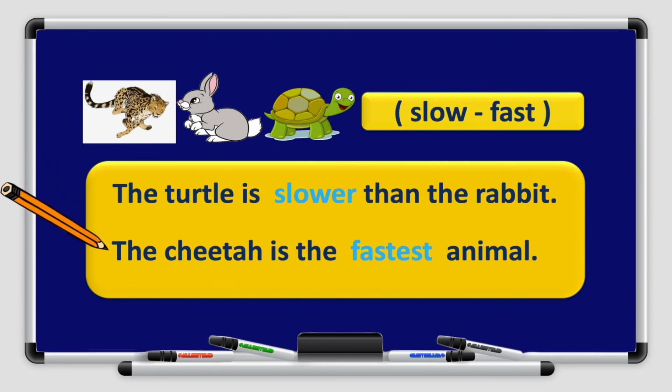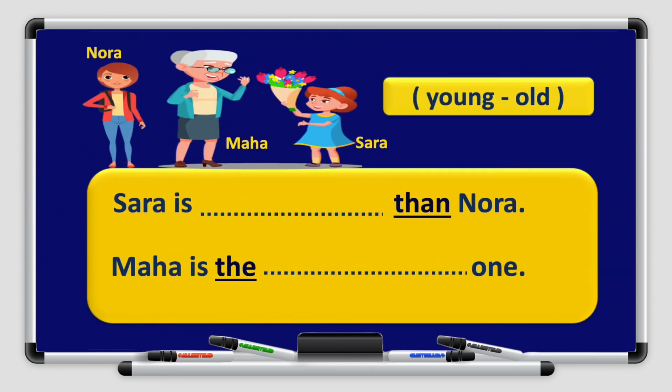Let's move on to the next example. The cheetah is the fastest animal. Here we have the verb is plus the superlative adjective fastest animal. Excellent, boys and girls. Let's move on to the next one.